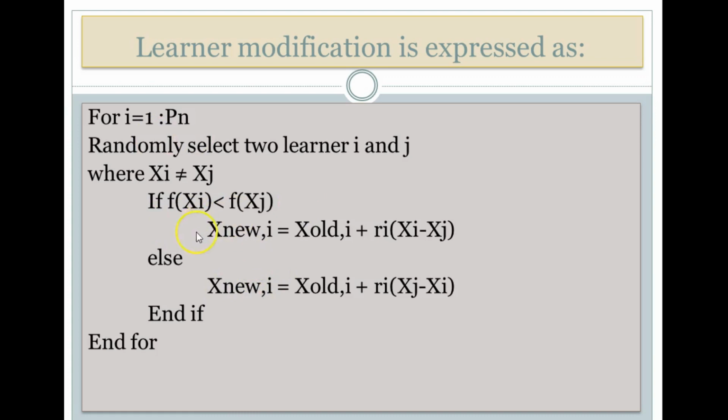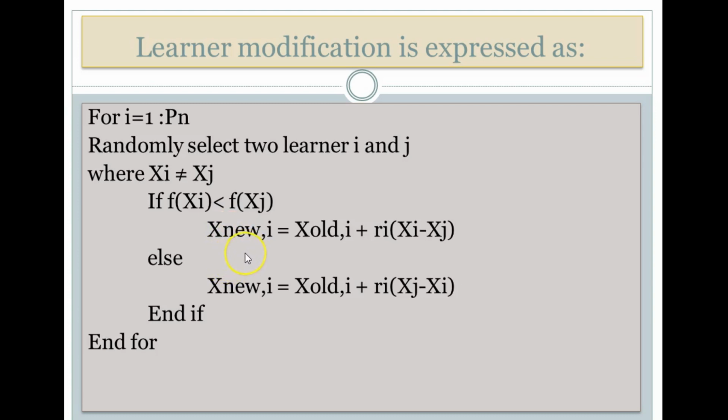So each student will be interacting with another student. So we take any two students whose values are different, and if f(xi) is less than f(xj), then the values are updated by using this formula. Otherwise the values will be updated by using this formula. Keep in mind that this formula is applicable when the problem is of minimization nature.